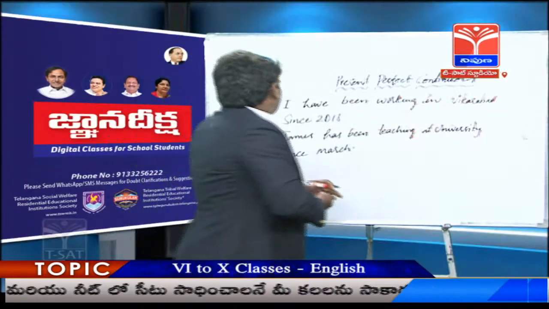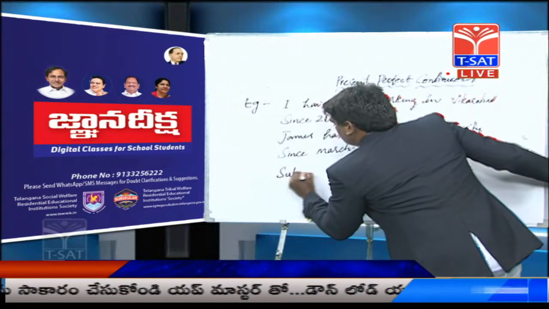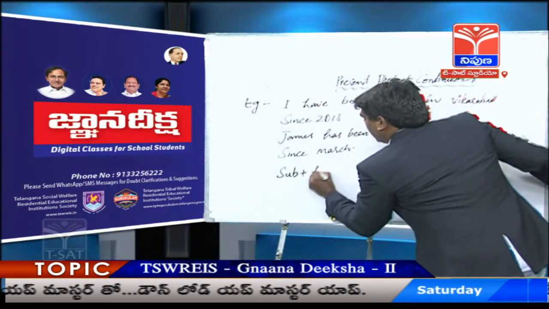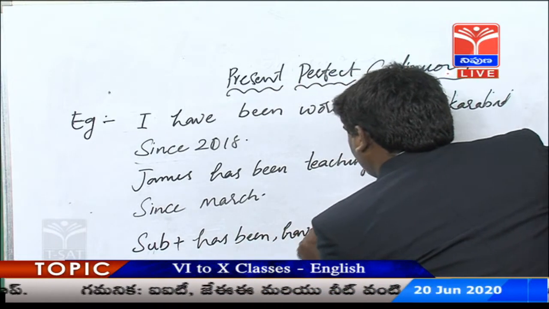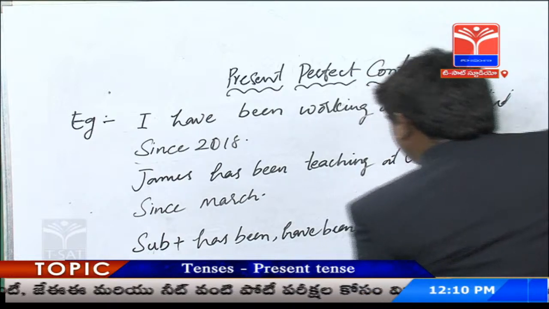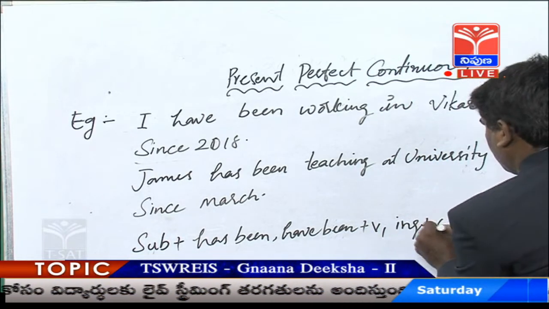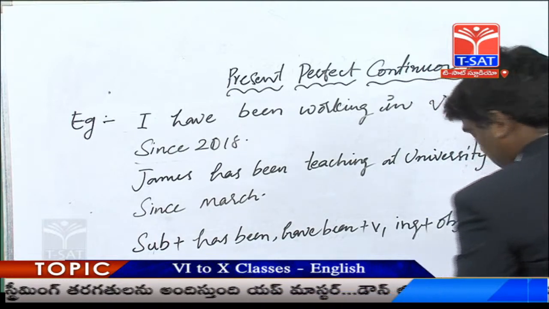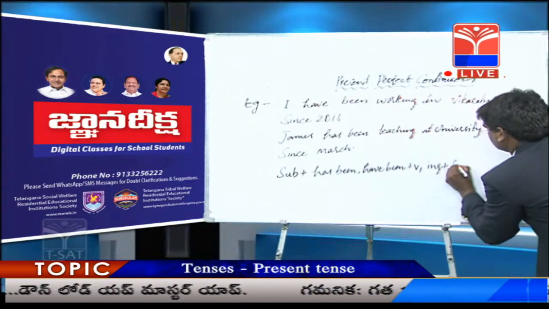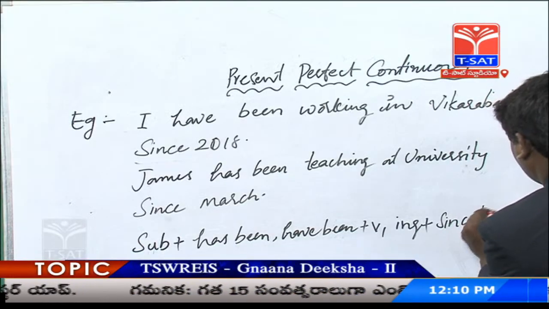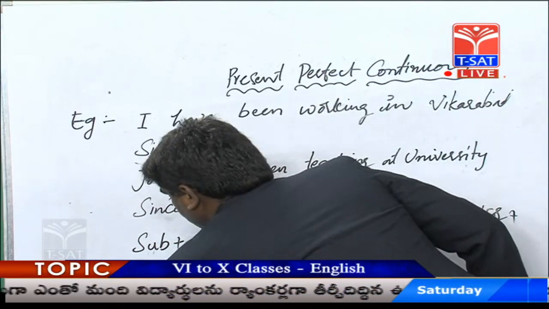If you want to extract the structure here: subject plus has been or have been, plus the base form of the verb V1 plus ing form, then object, since or for plus object.